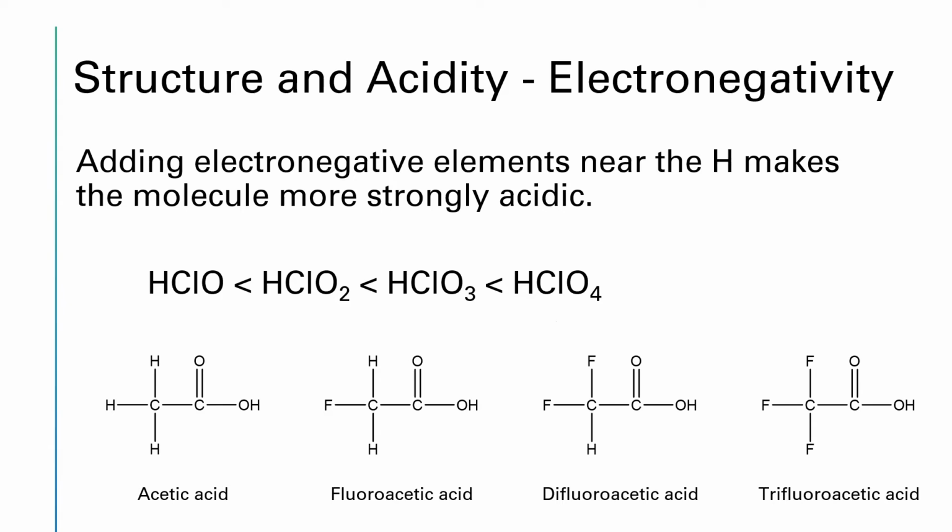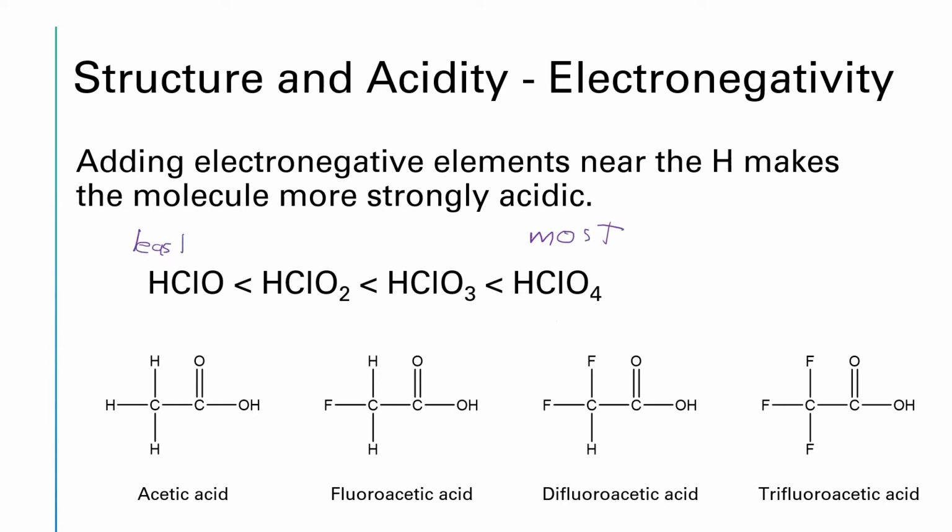The HClO4 molecule will be the most acidic of these because it has the most oxygens on it. The least acidic is going to be HClO.